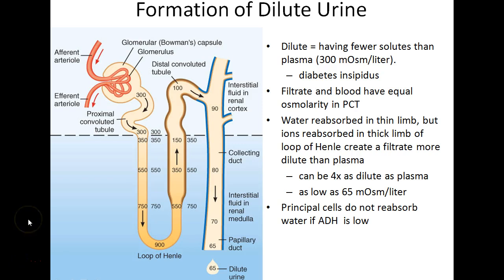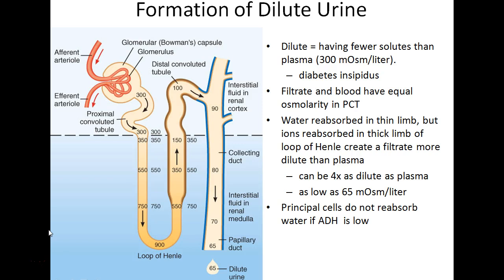We might recall that water can be reabsorbed in the thin limb of the nephron loop, but ions reabsorbed in the thick loop of Henle create a filtrate more dilute than plasma. This can actually be 4 times more dilute than plasma. Also, it's noteworthy that principal cells do not reabsorb water if ADH is too low.